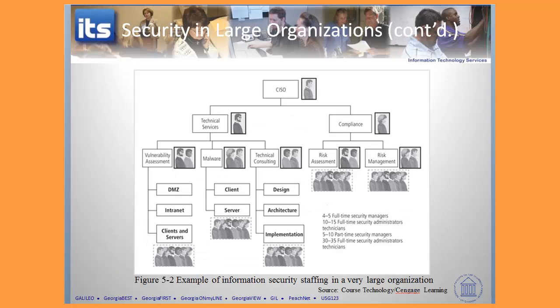Here you've fleshed it out a little bit more. You've got technical security and compliance. So instead of splitting on policy and risk management, you've split based on compliance, and then you've got a risk assessment and a risk management group that are split out, and then some subgroups underneath your technical services that look at it a different way.